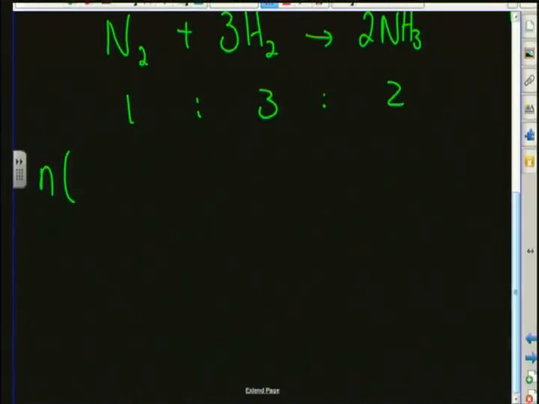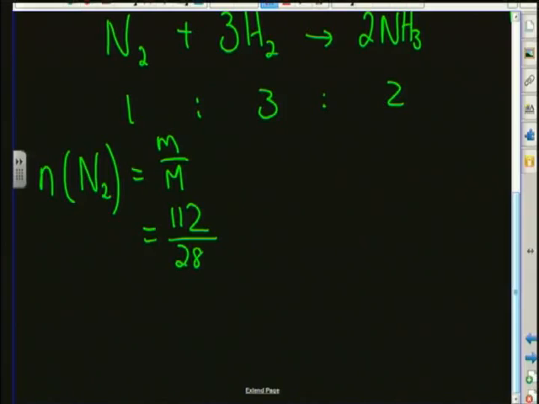So let's work out the number of moles of nitrogen. Okay, so we look at this, and they told me it's 112 grams. Nitrogen's diatomic. Nitrogen's mass is 14, but there's 2 of them, so it's 28. That gives me 4 moles. Okay, we're okay with that. Working out so far.